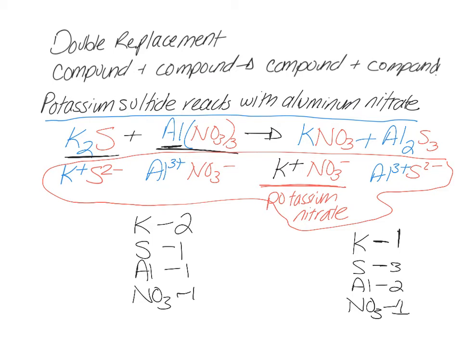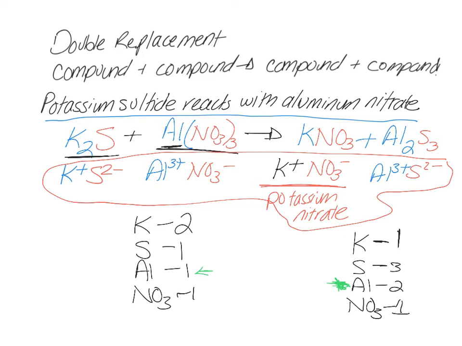So we need to make them the same. And I'm just kind of looking at it all. So let's start with the aluminum. So starting with the aluminum, I see that there's a 2 here, and there's a 1 over here.